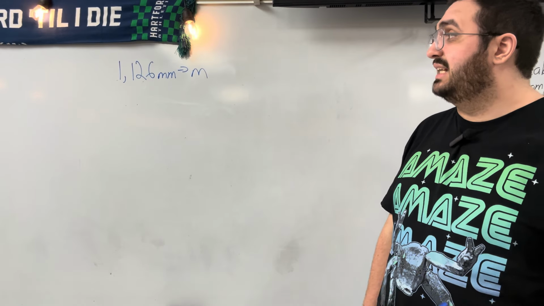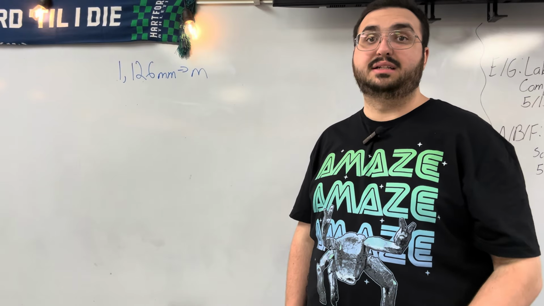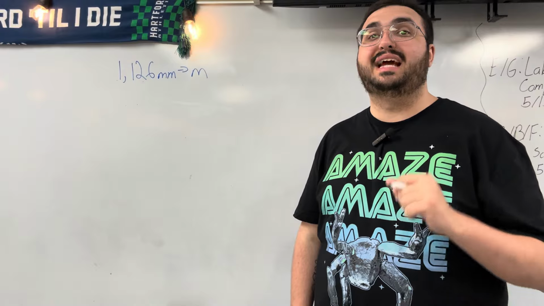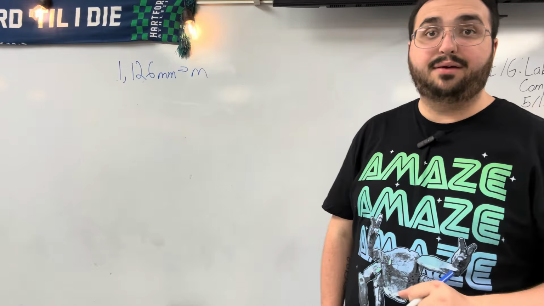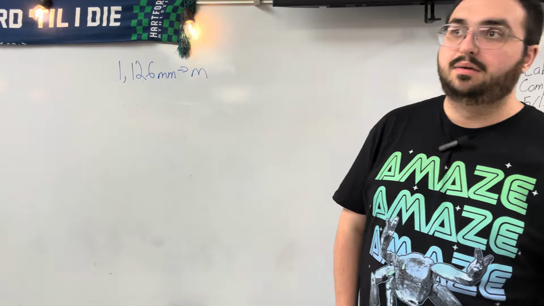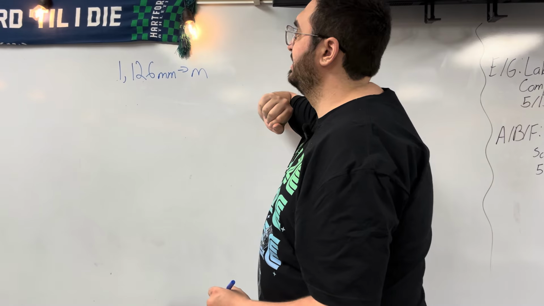So instead of memorization, I rely on something called dimensional analysis to do my unit conversions. This is a foolproof strategy that works every single time. And we're going to do a few different examples of dimensional analysis today. So let's start with this one. I have 1,126 millimeters.